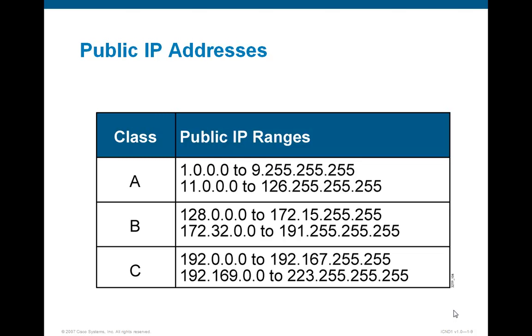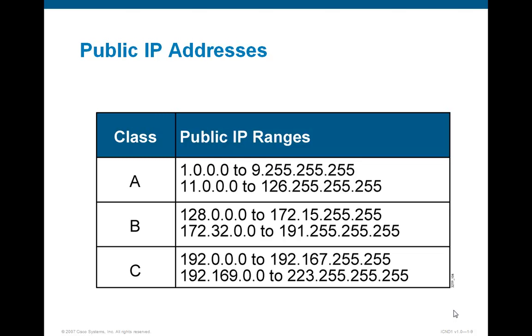Now public IP address. Public IP addresses are those addresses used in the internet or any public network hosted by an internet service provider. For class A, the range from 1 to 9 belongs to public IP range, and 11 to 126 on the first octet. Class B, you can see from here, is from 128 to 172.15 network, and continues from 172.32 network until 191.255 network.